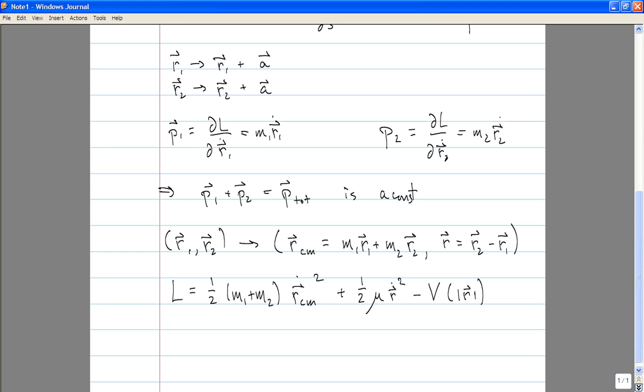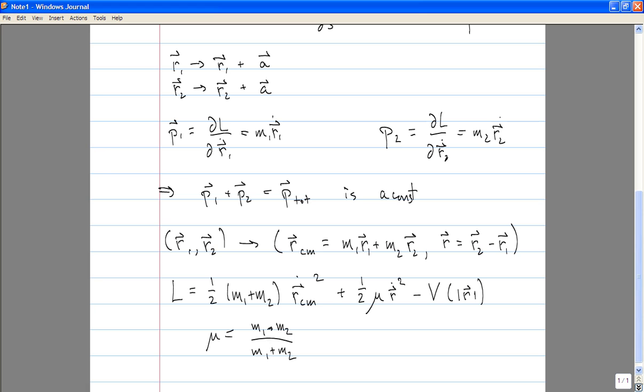Here, mu was the reduced mass, m1 times m2 over m1 plus m2, and it's just a straightforward algebraic exercise to check that this Lagrangian is identical to the Lagrangian that I wrote down above for the two-body problem.